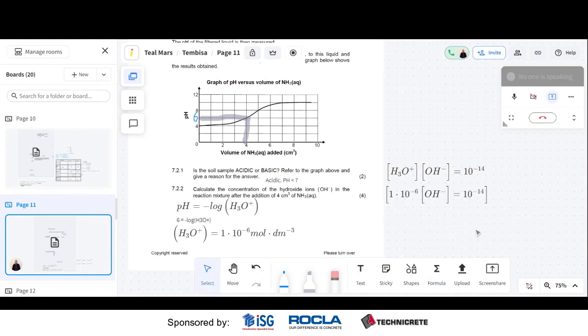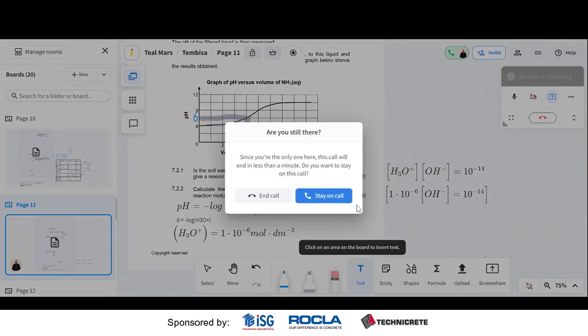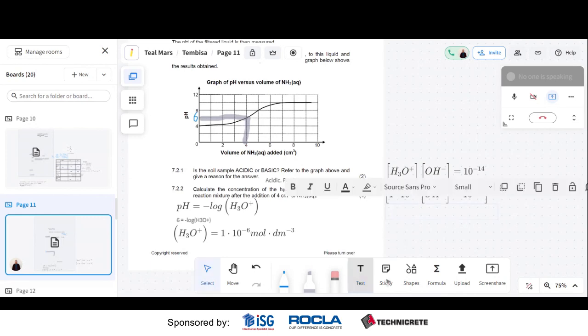Okay, and if you take this to the other side, you end up with the fact that the concentration of hydroxide is equal to 1 times 10 to the power of negative 8.